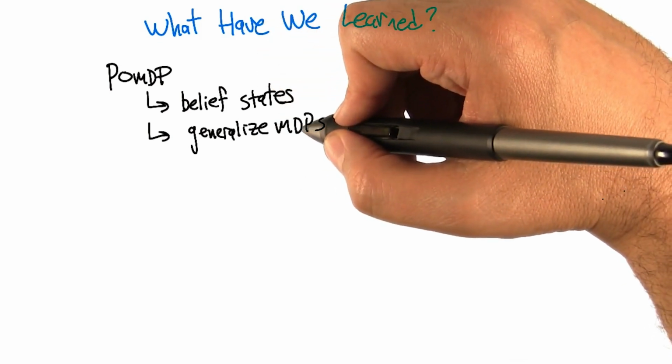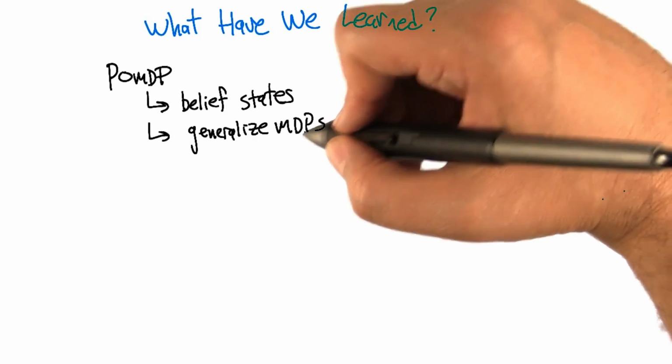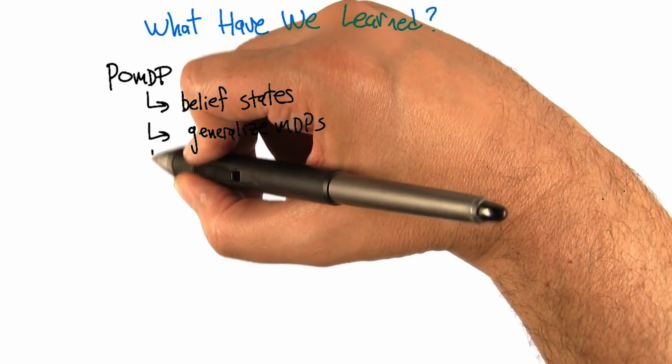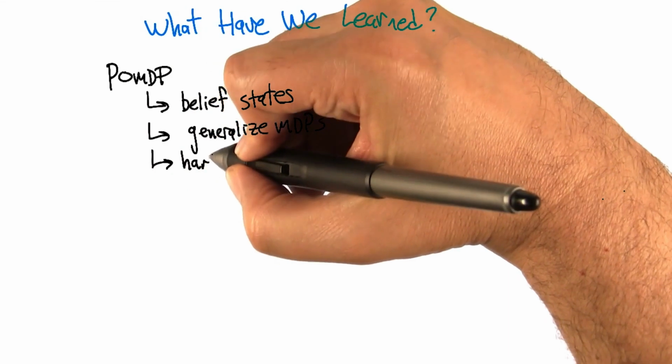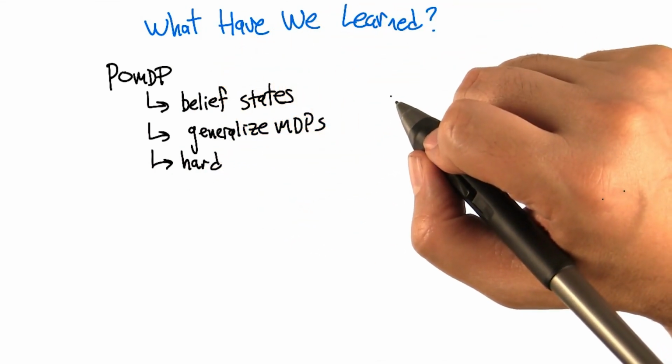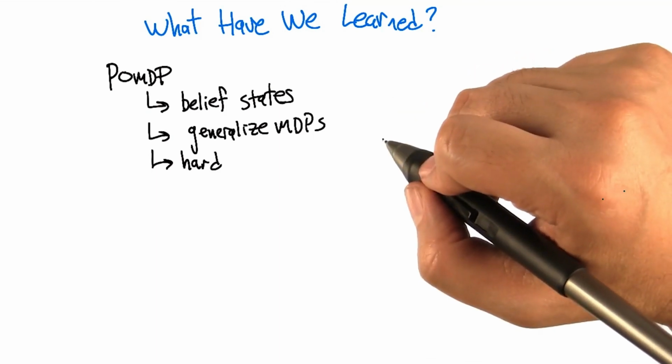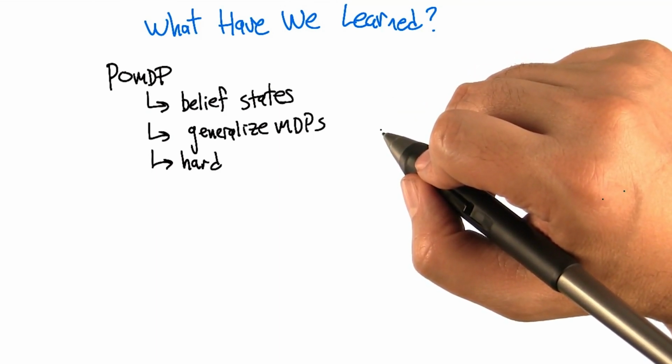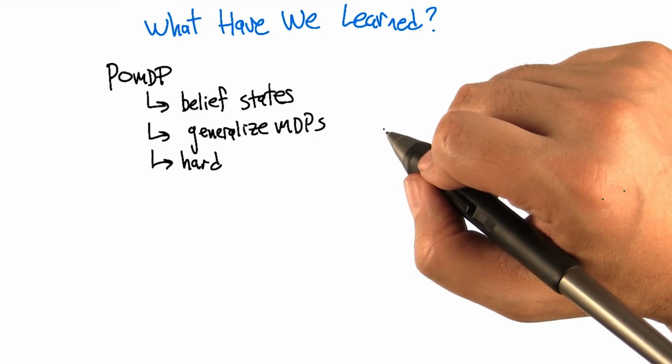One of the unfortunate consequences is that dealing with POMDPs is hard. They're fundamentally difficult. I can't remember the exact result now, but there was something in there about undecidability. That was hard for me to deal with. It was hard for you to accept.